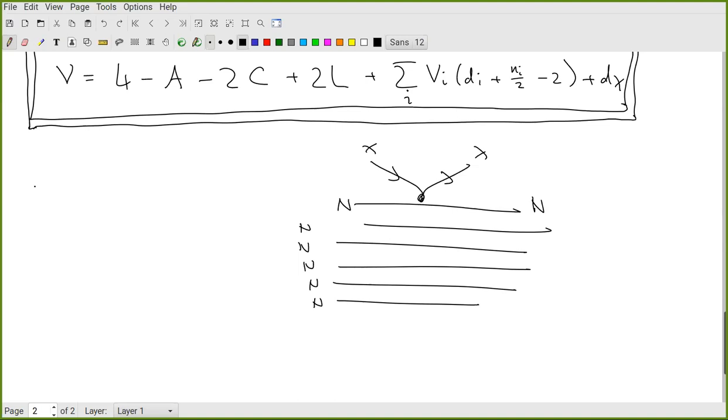If you look at the one example that we discussed, the exchange of a pseudoscalar, the interactions where the dark matter directly interacts with a nucleon have this form.